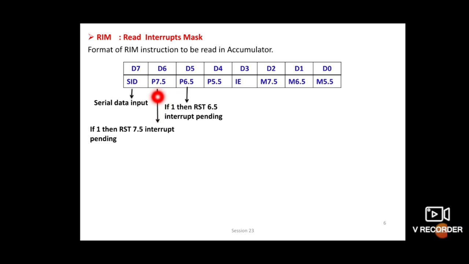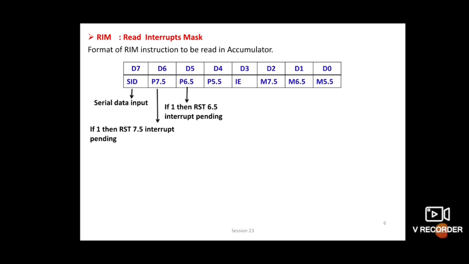P stands for pending. If 1 is there, then the RST 7.5 interrupt is pending. Okay. In the 8085 microprocessor, different interrupts are available, but the microprocessor accepts only one interrupt at a time.